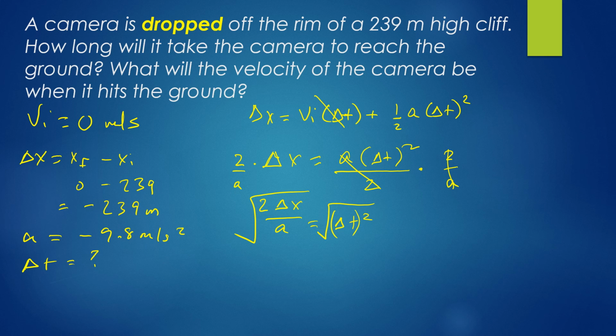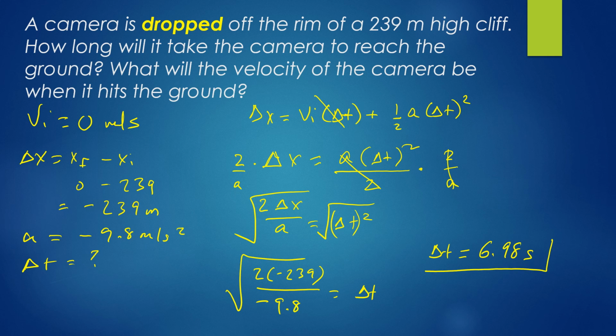So now, the square root of 2 times negative 239 divided by negative 9.8 equals my delta t. When I do all of that, it's going to equal 6.98 seconds. So for it to hit the ground, it will take 6.98 seconds.